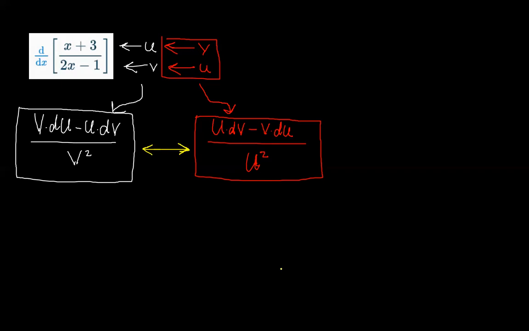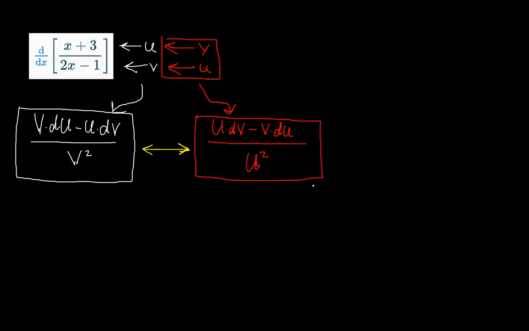For me, if my u is numerator and v is denominator, I am going to pick this one. This is mine, because I used to learn calculus by using this formula. Or if you want v as your numerator and u as your denominator, then you can use this formula.